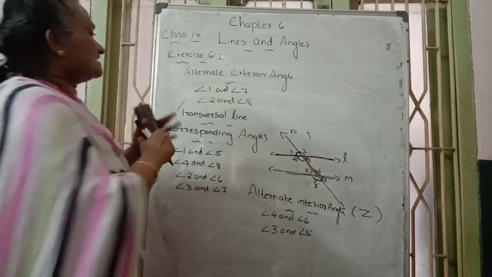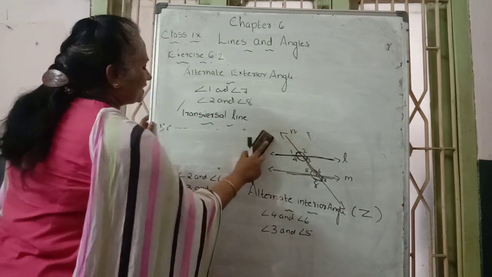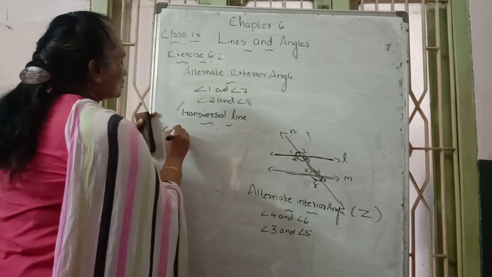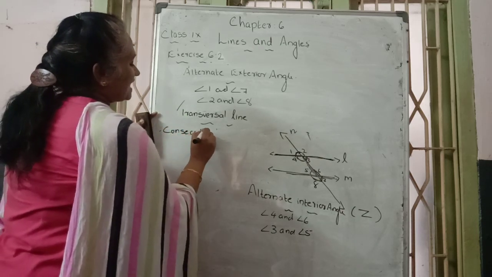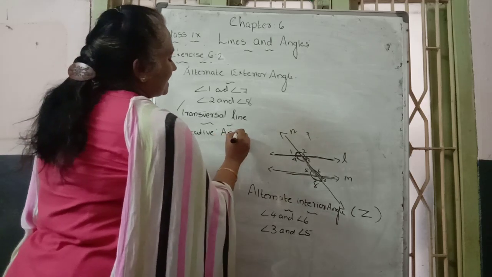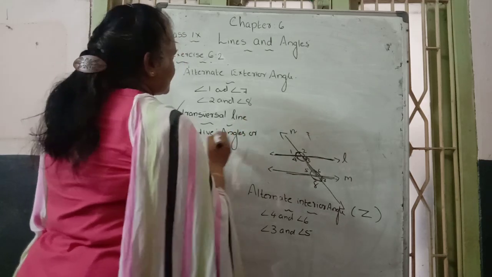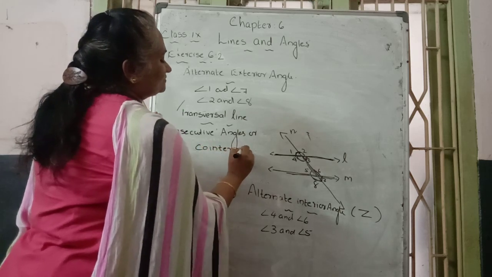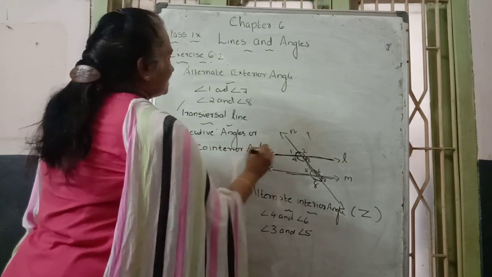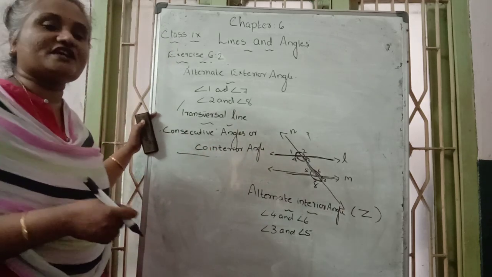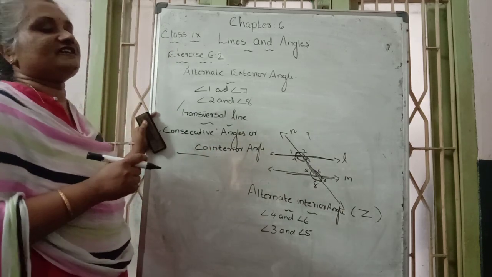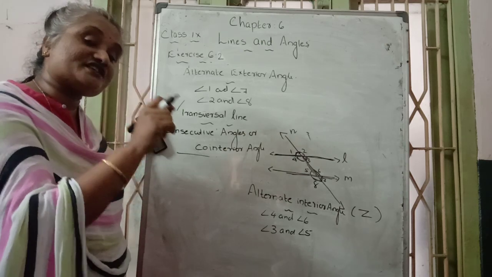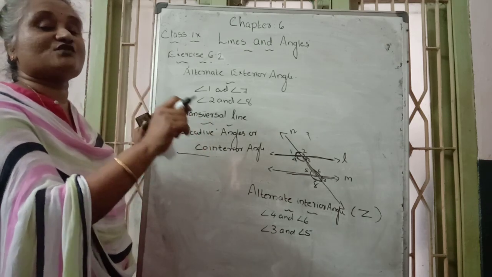Then next we discuss consecutive angles. Consecutive angles, or otherwise co-interior angles, both have the same meaning. Consecutive or co-interior angles are angles on the same side of the transversal line.